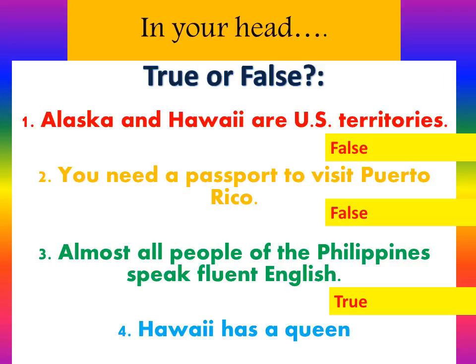Now you may say, Ms. Plum, the Philippines is not America, it's not our country. However, back in the early 1900s, we put our army in the Philippines, and we established some rule over them for a few decades.